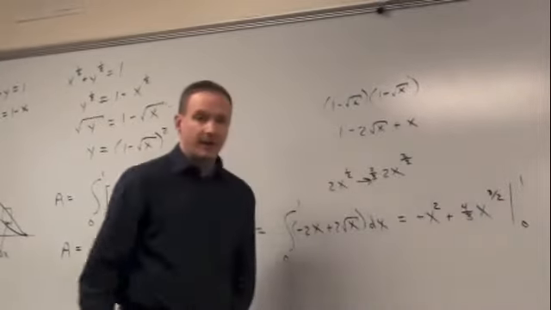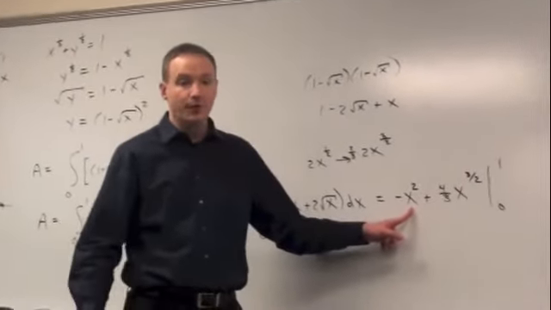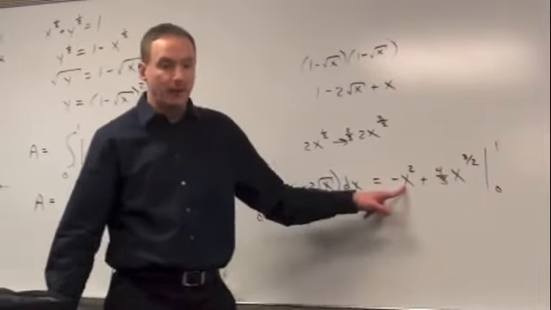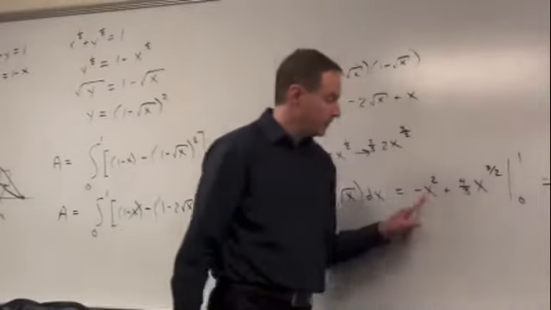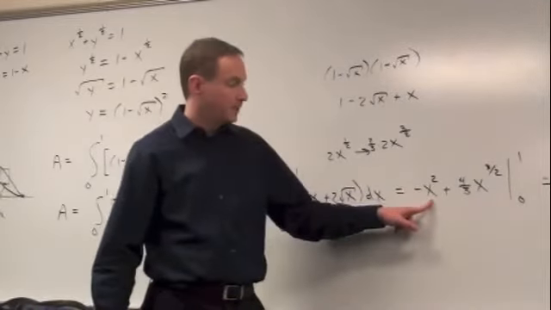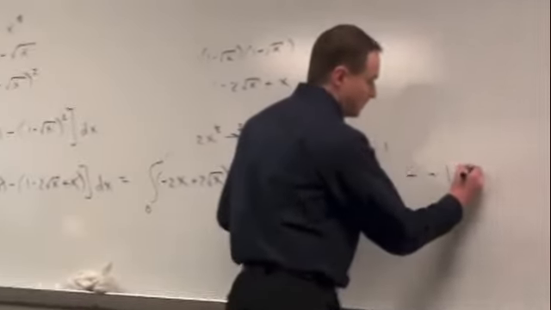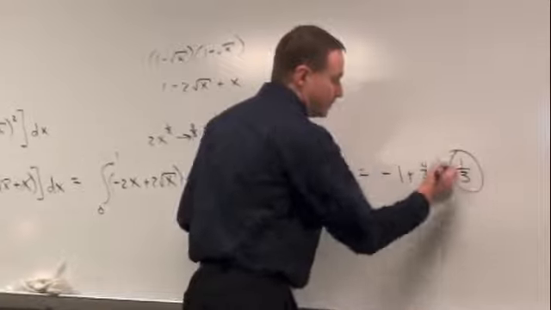The nice thing about evaluating this at 0 is I know they're both 0, so I can pretty much ignore it. When I evaluate at 1, 1 to any power is 1, so I'm going to get a negative 1 when I plug it in for the first term, plus 4/3 times 1, plus 4/3. Negative 3/3 plus 4/3, final answer, 1/3.